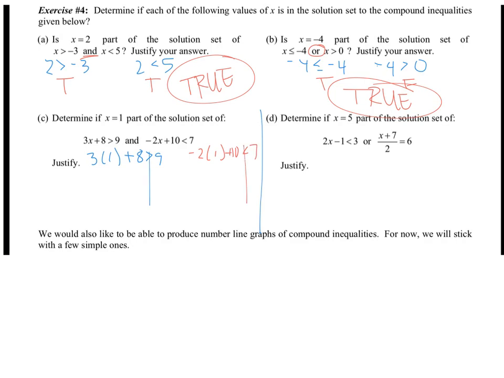So we have to solve. 3 times 1 is 3 plus 8, is that more than 9? Is 11 more than 9? And negative 2 plus 10, is that less than 7? Is 8 less than 7? So it's true for this one, false for this one, but it's an and, so it's false.